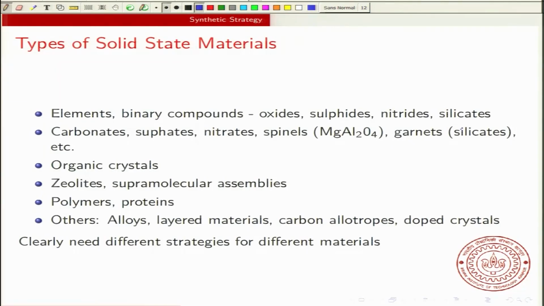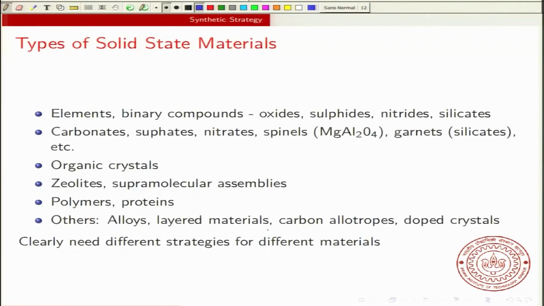Okay. So, you could have such compounds which are not very complicated. You could have organic molecules forming a crystal. You could have zeolites, which are again some sort of silicates, or you could have supramolecular assemblies which form crystals. You could have crystals of polymers, crystals of proteins, and some other things. You could have alloys.